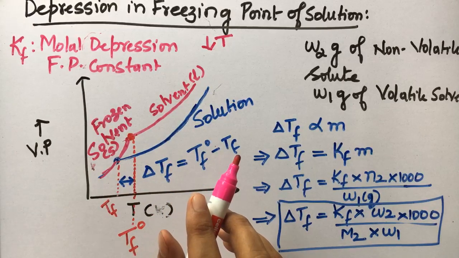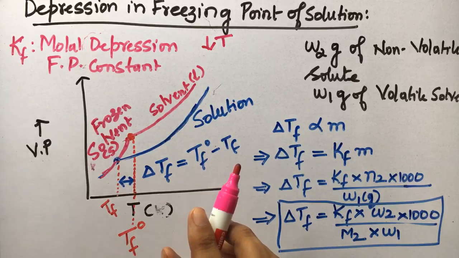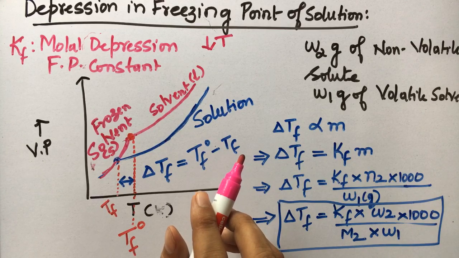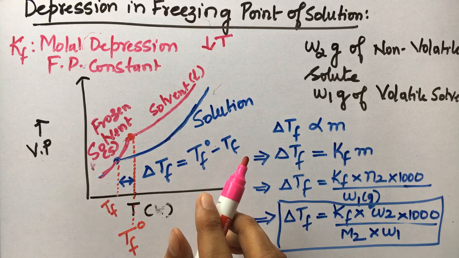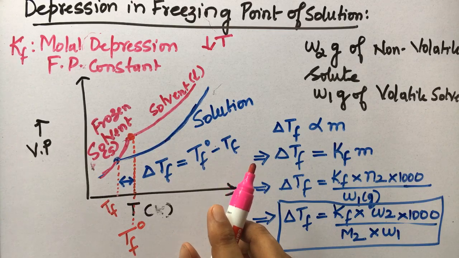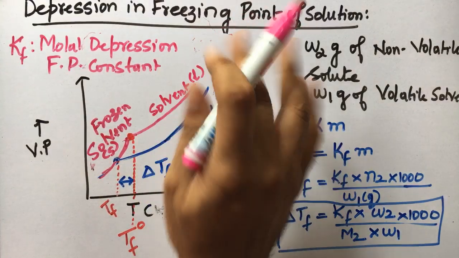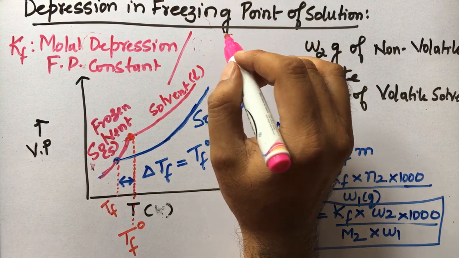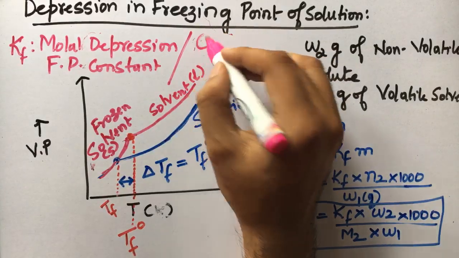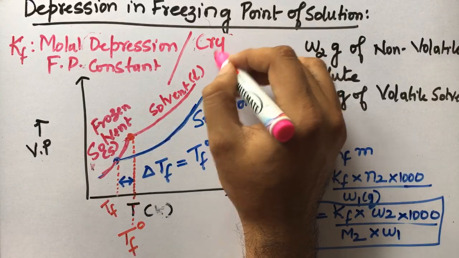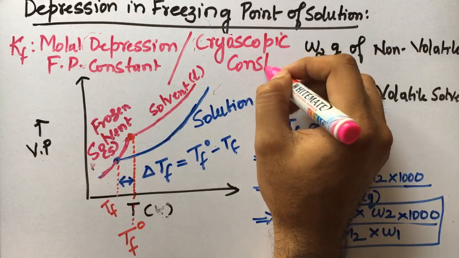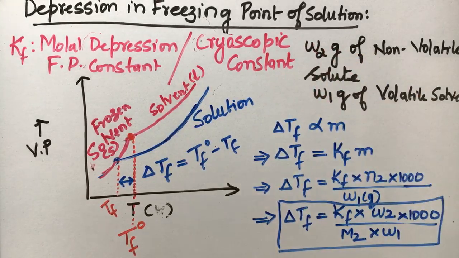As we had an alternate name for the molar elevation boiling point constant, the ebullioscopic constant, here also you will have an alternate name, which is known as the cryoscopic constant.